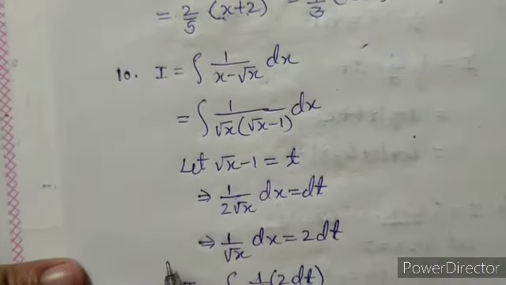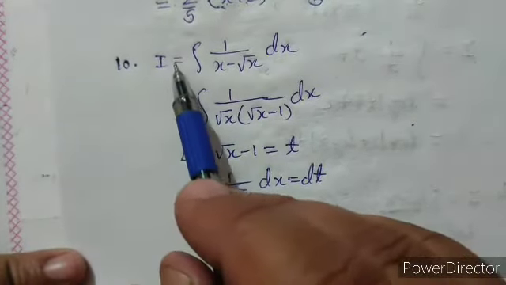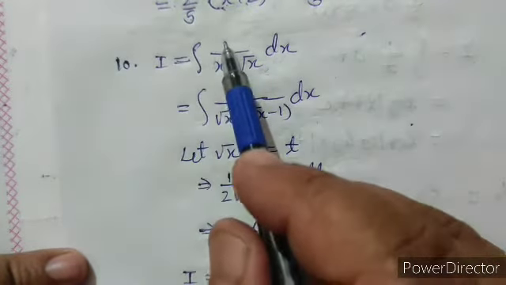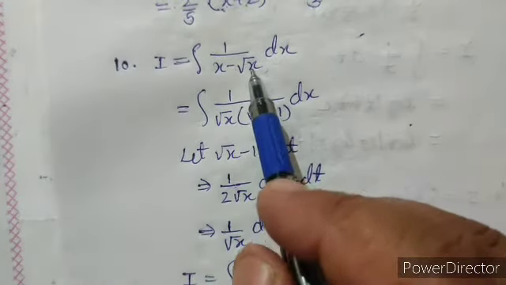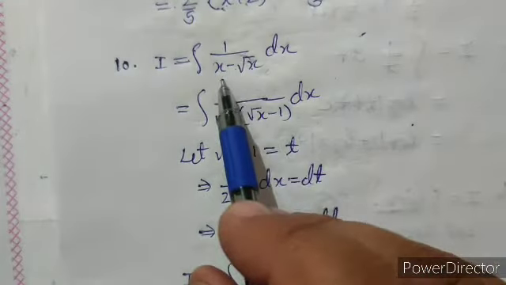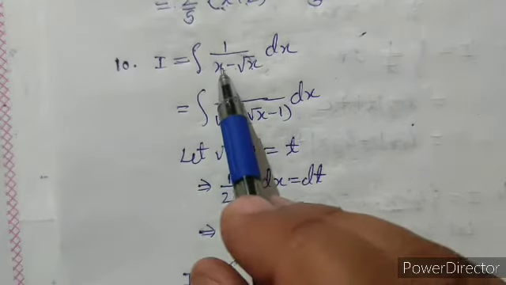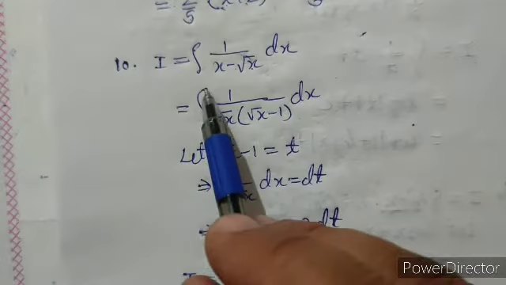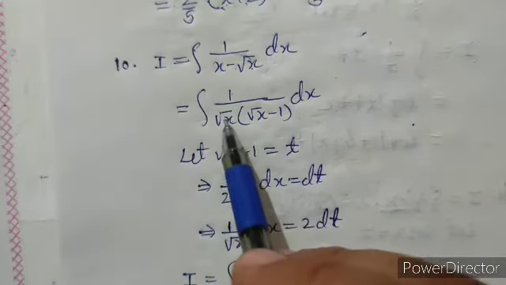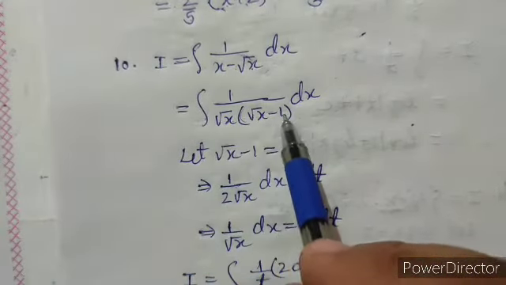Now in question number 10, I is equal to the integral of 1 upon x minus root x. Here we can take root x common from x minus root x, and this will give us the integral as 1 upon root x into (root x minus 1).